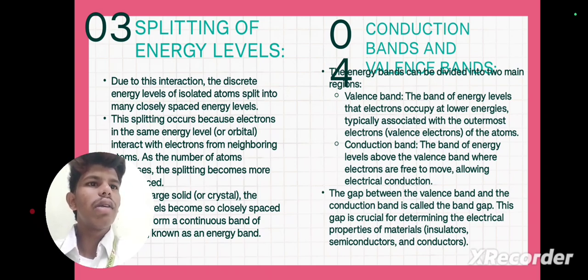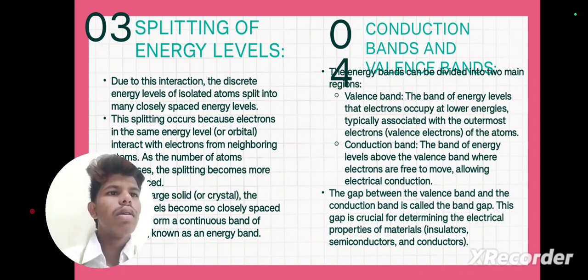Conduction bands and valency bands. The energy bands are divided into two main regions. Valency band, the band of energy levels that electrons occupy at lower energy, typically associated with the outermost electrons of the atoms.